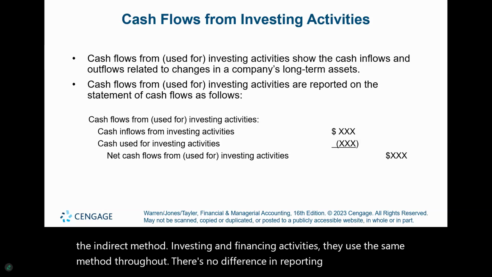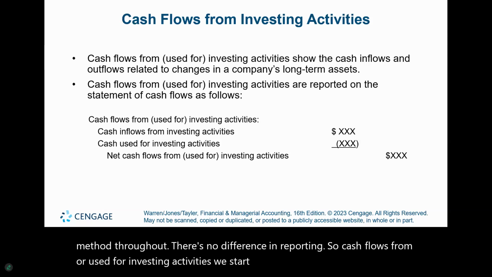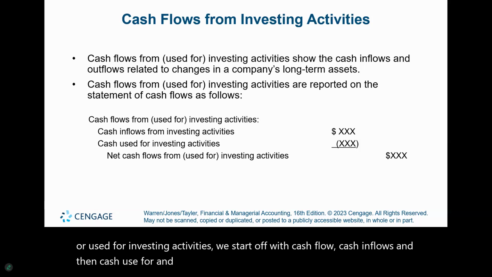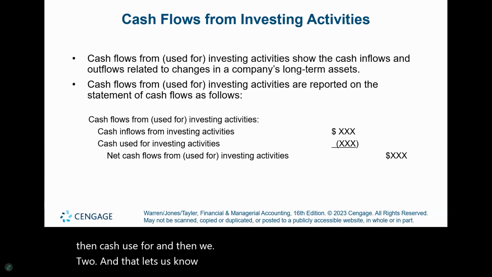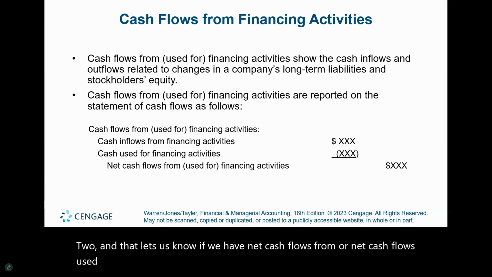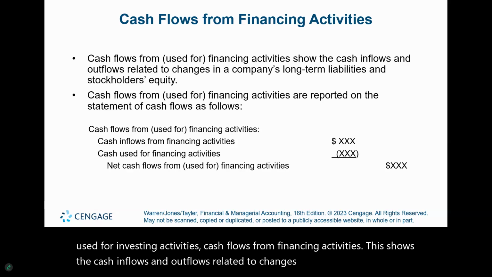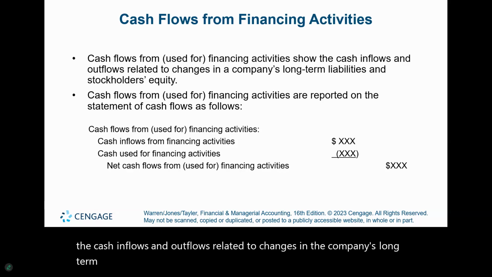For investing activities, we start off with cash inflows, and then cash used for. Then we net the two, and that lets us know if we have net cash flows from or net cash flows used for investing activities. Cash flows from financing activities show the cash inflows and outflows related to changes in the company's long-term liabilities and the stockholders' equity.